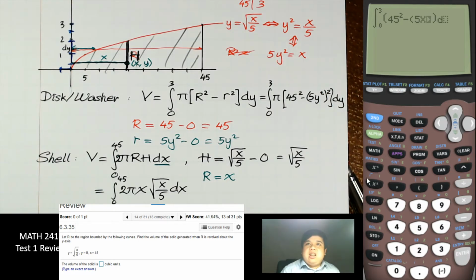I use x instead of y square. Right, that, and then stick the pi to it. So 4860 pi. To enter pi we enter backslash pi.